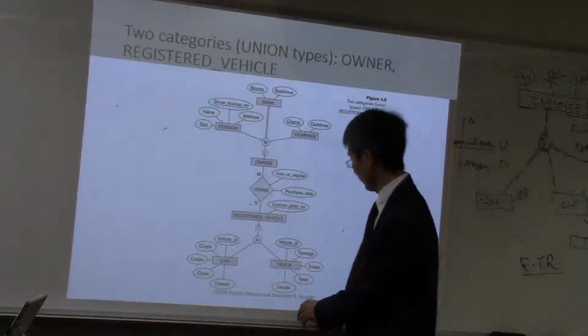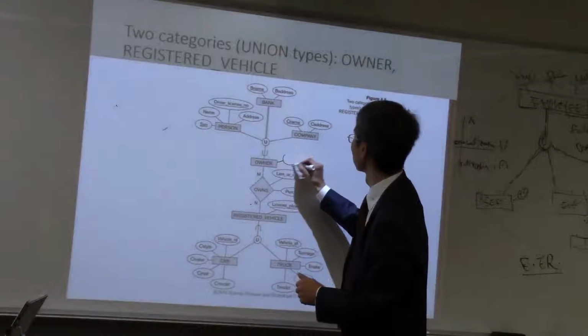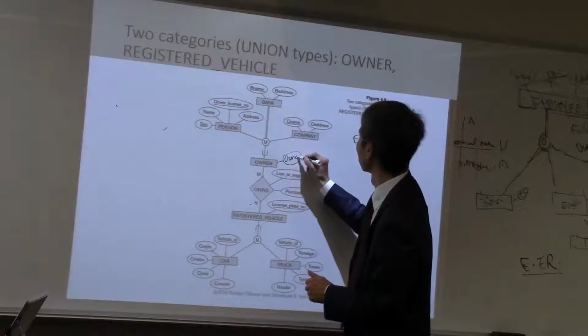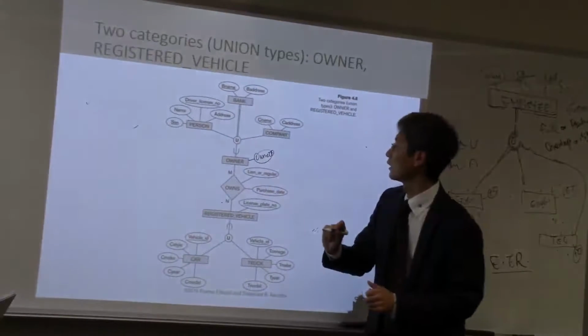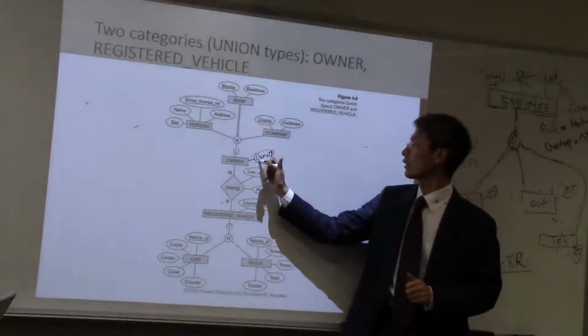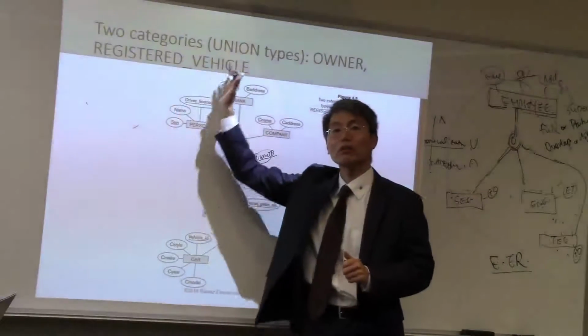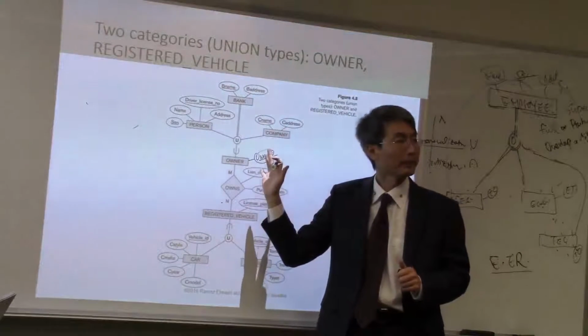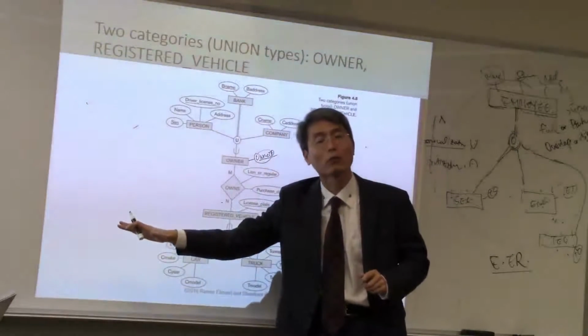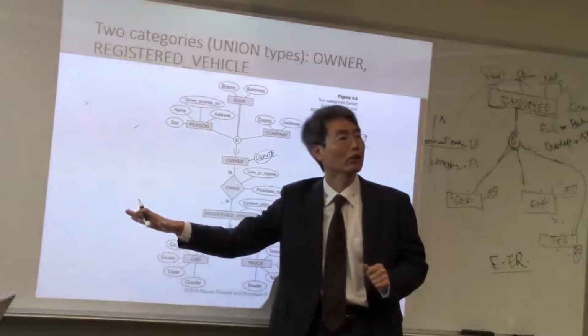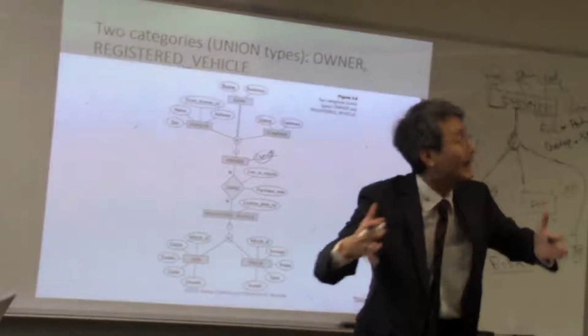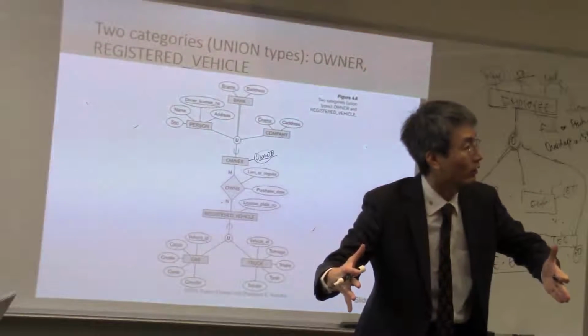Then we can add owner ID, okay? This is the key of this one. Then we can display the key of this. Then we will clarify more details when we create the database model later.